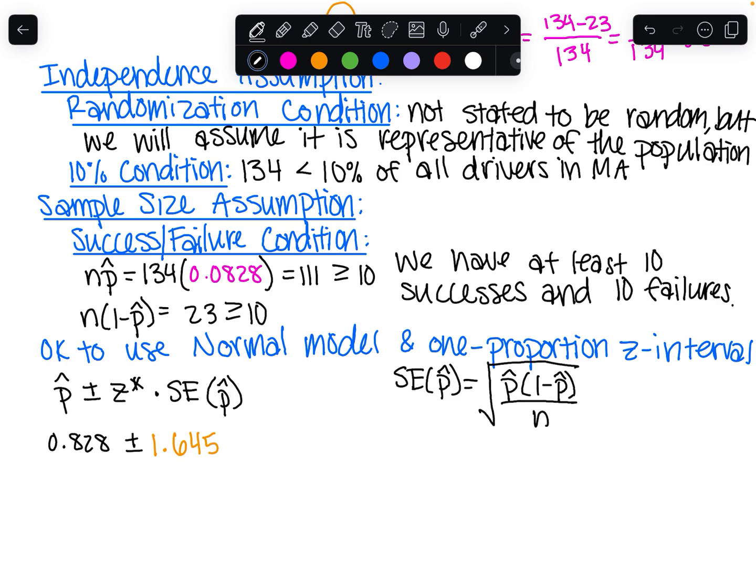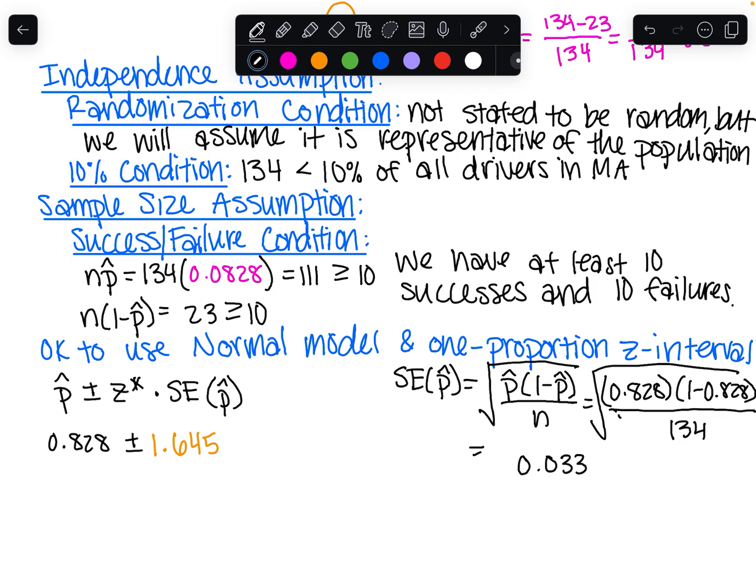Plug that stuff in. It comes out to 0.033. Okay, so if you multiply that together, you get 0.054. So your confidence interval is 0.774 to 0.882.